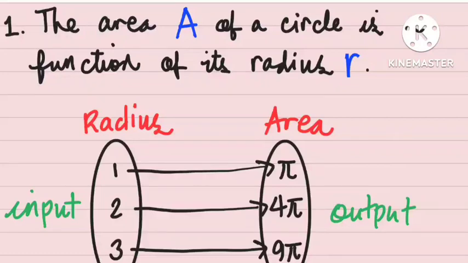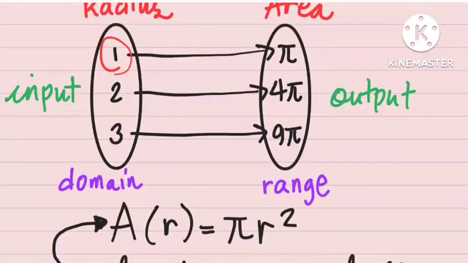Say, if the radius of a circle is 1, then if we plug in the value 1 to the formula A of r is equal to pi r squared, then we will get pi times 1 squared, which is equal to pi.